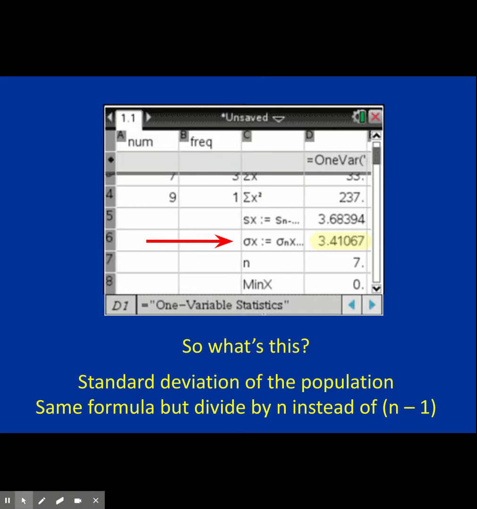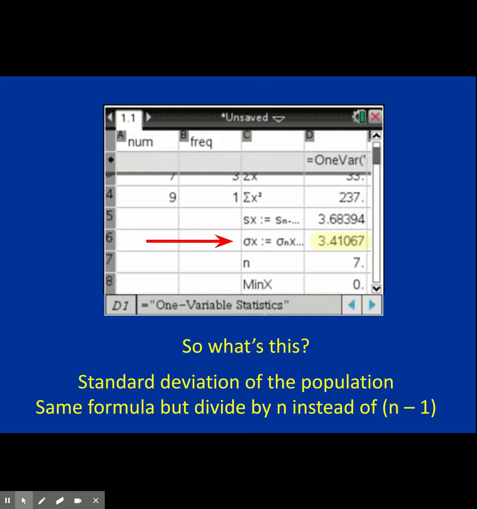It counteracts the natural variability of sampling and the natural variability of the universe. So we are going to use Sx, the sample standard deviation.